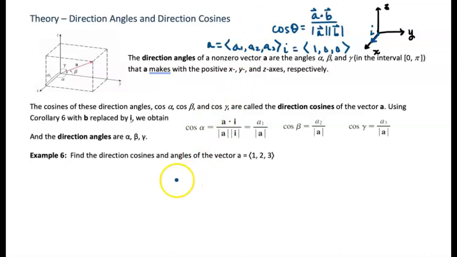All right, well, direction cosines, we're going to have three of them. We're going to have these three direction cosines, alpha, beta, and gamma. So let's start with alpha.